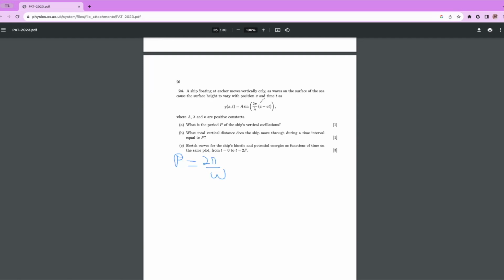With respect to t, it's lambda over v. Hmm. You know what? I'm just gonna say it's lambda over v because I don't want to do any more of this.